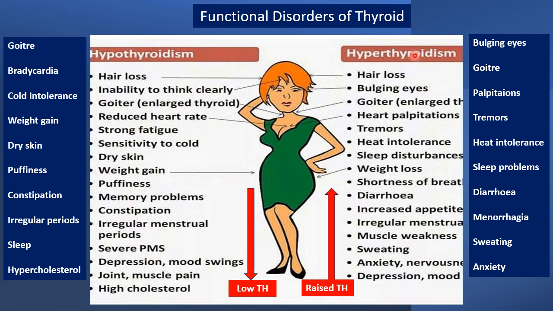Whereas in hyperthyroidism, there is bulging of the eyes and other eye signs associated with hyperthyroidism, goiter, palpitations, tremors, heat intolerance, sleep problems, the patient usually unable to sleep, diarrhea, menorrhagia or increased menses, excessive sweating, and the patient is very anxious.